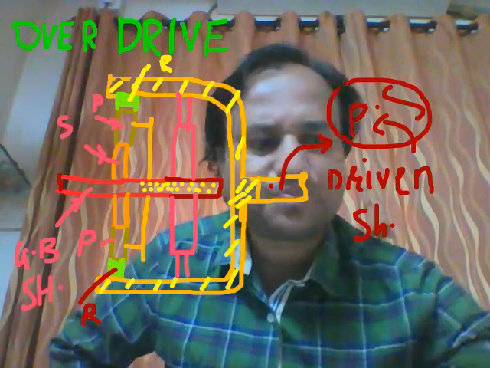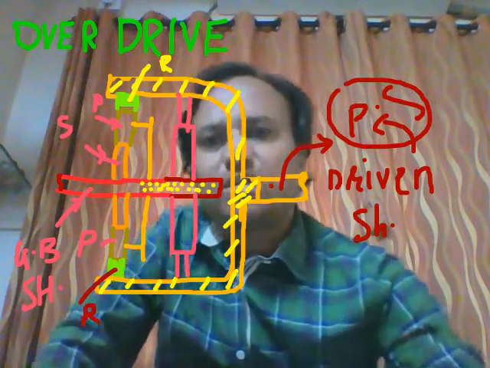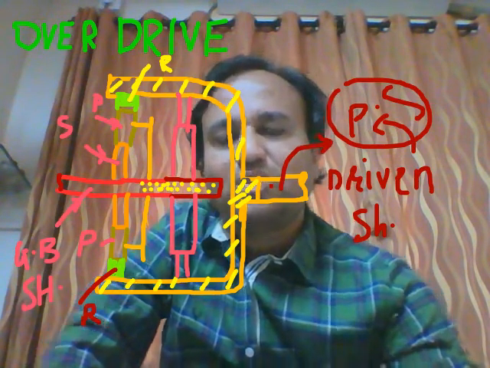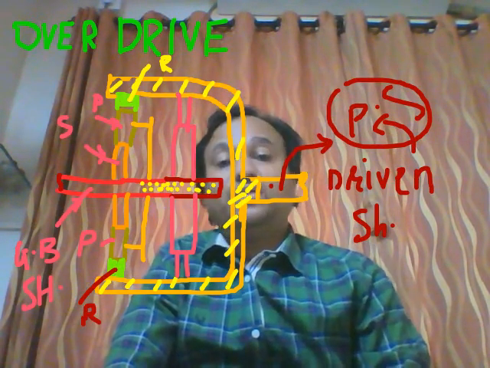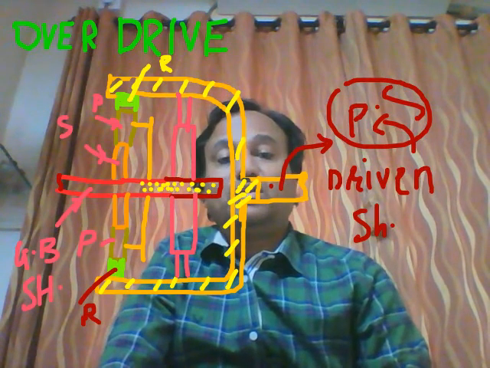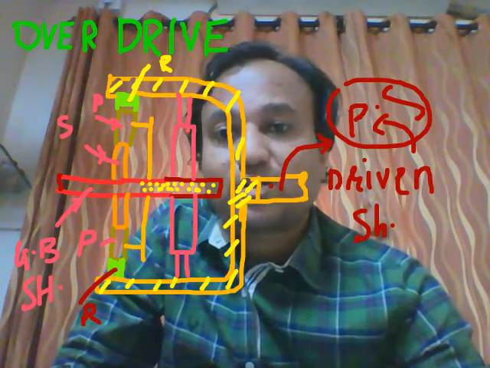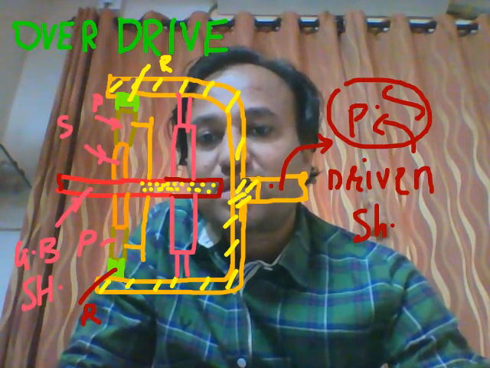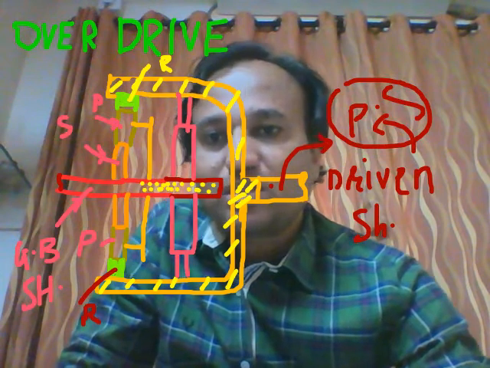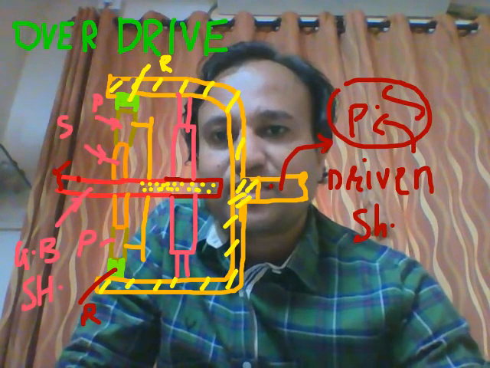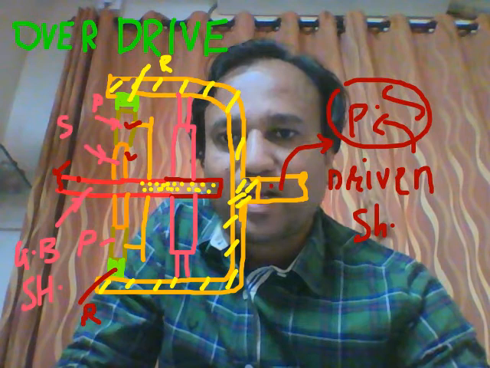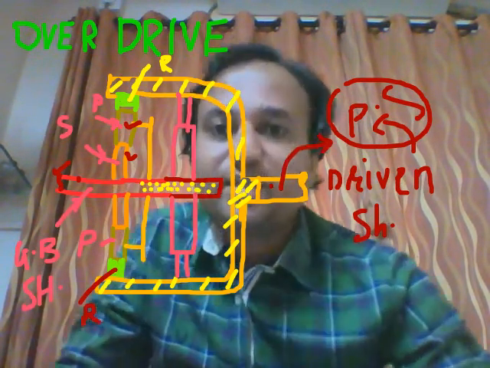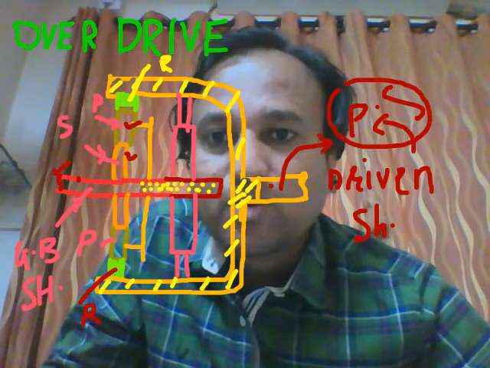Now students, see, this ring gear is connected to the driven shaft. Now suppose when the vehicle is at top gear, then the motion of the gearbox shaft is given to the sun gear, to the planet gear, to the ring gear.